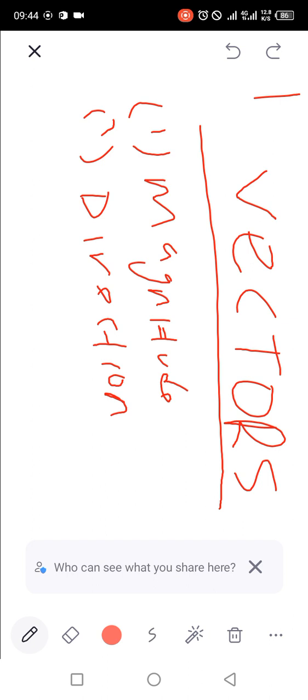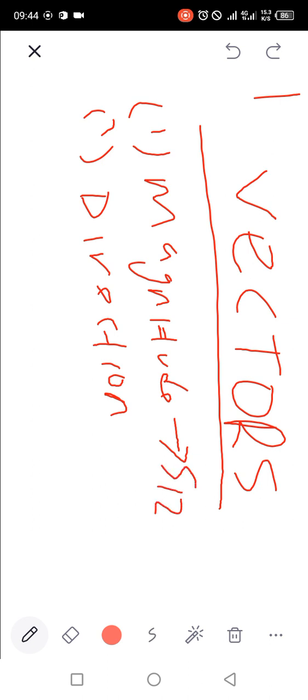When you hear magnitude, magnitude can mean size, magnitude can mean length, magnitude can mean a number.